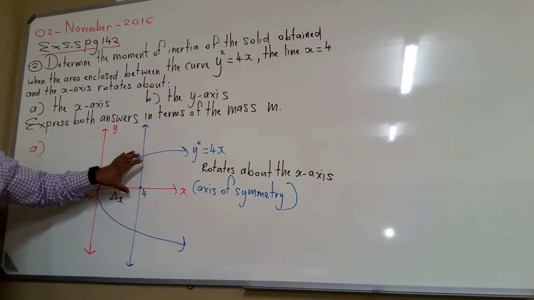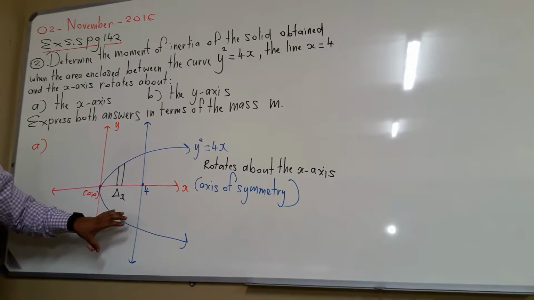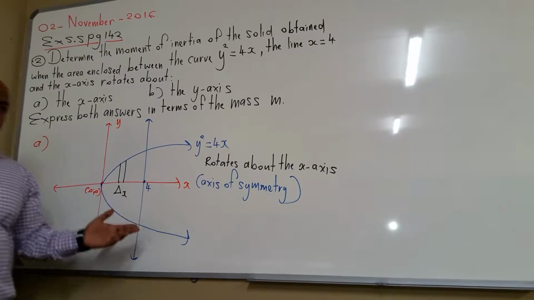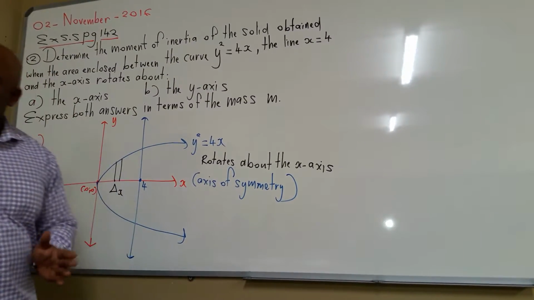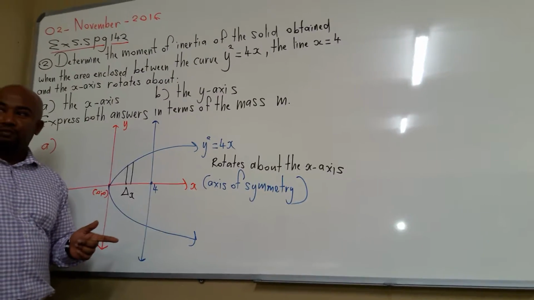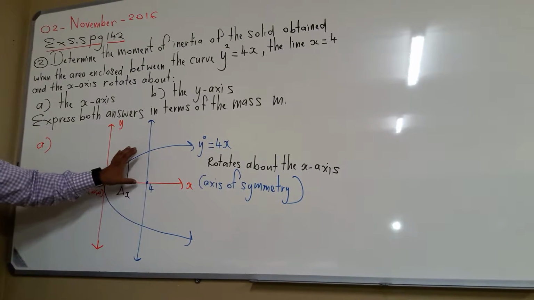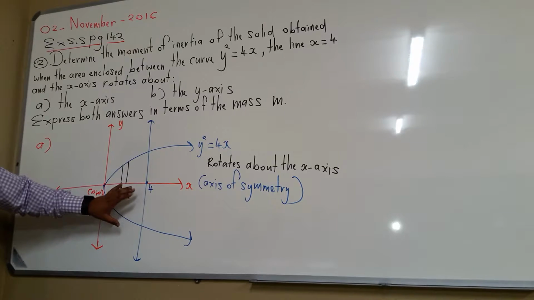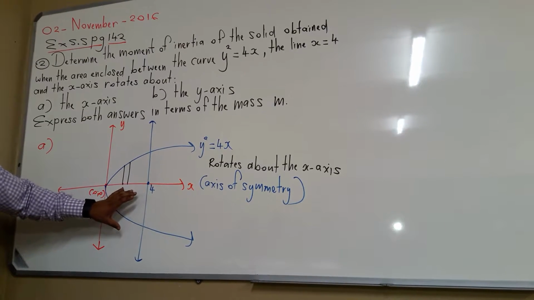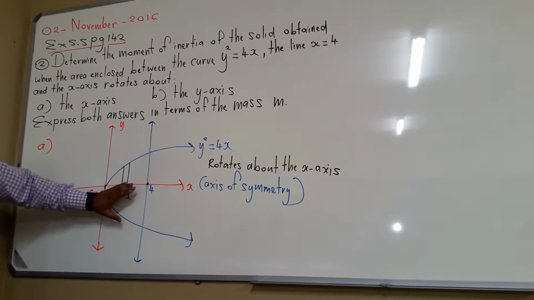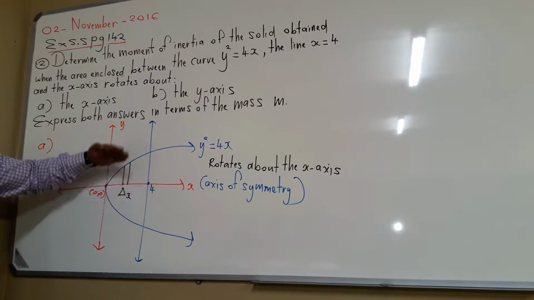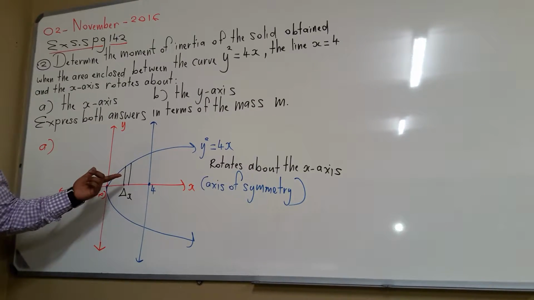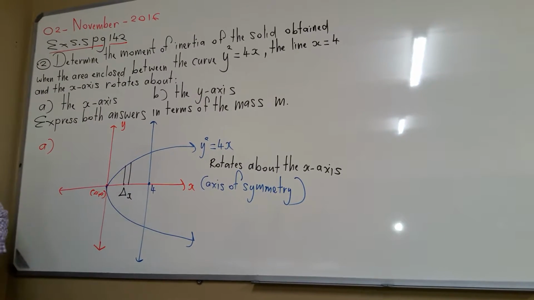The upper area is equal to the lower area. But now, we're not working on area. We are going to work out the volume. So, if I take the upper area and rotate it, it will cover the lower area automatically. Okay, or if I take the lower area and I rotate it, it will cover the upper area.